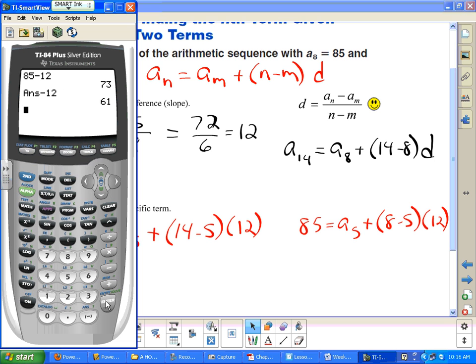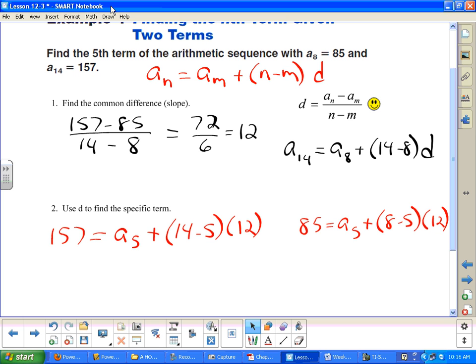Subtract 12 again, and that would give me the 6th term. And subtract 12 again, and that would give me the 5th term. Okay? So our 5th term is 49, and you have 3 different ways you can get there. Use the 14th term, use the 8th term, or one more.